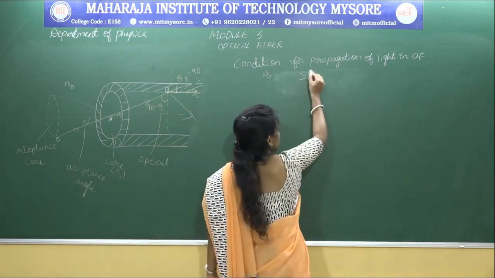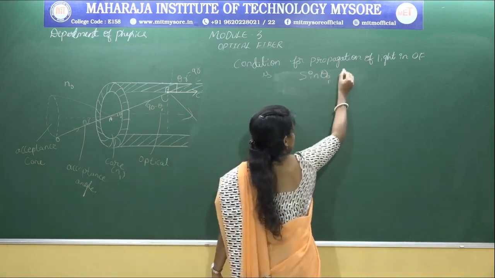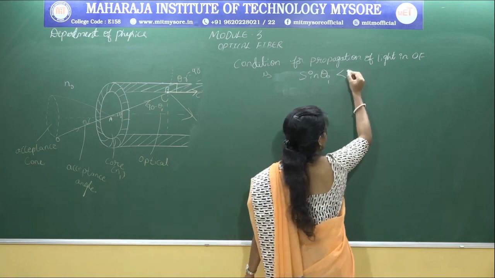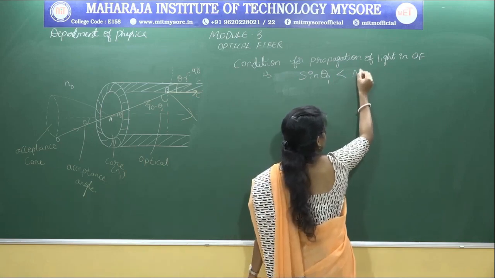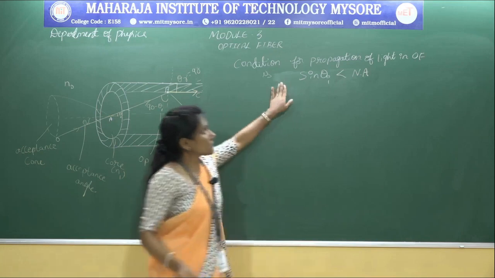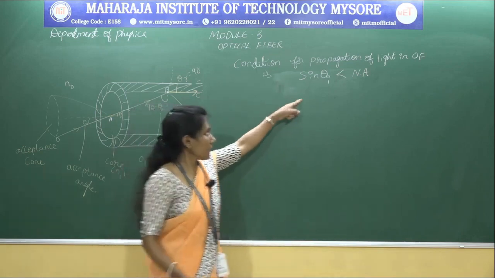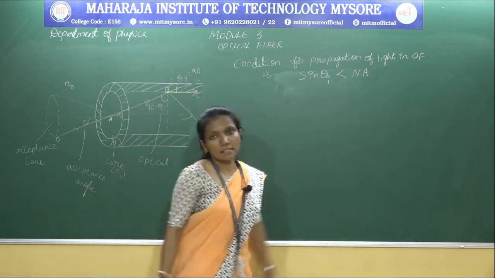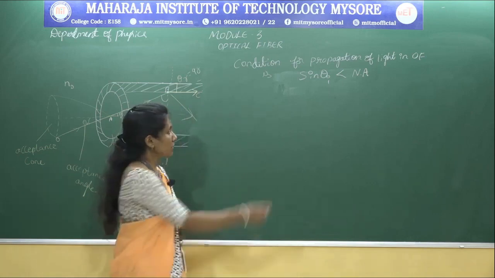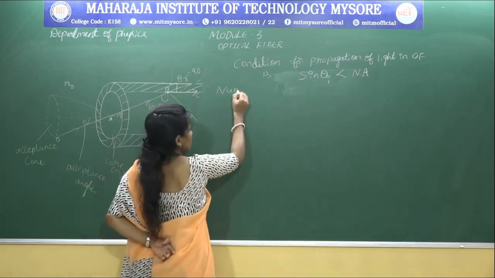So sin theta I is less than the numerical aperture. That is the condition for propagation of light in the optical fiber. So what is numerical aperture?